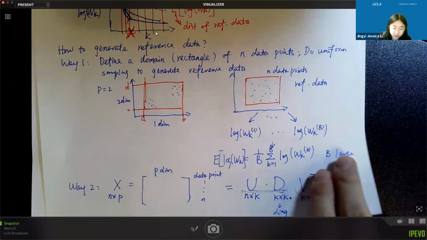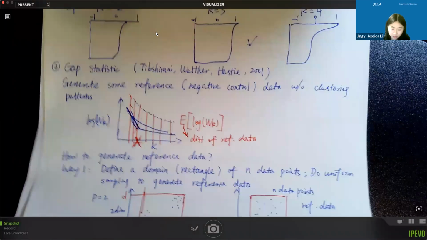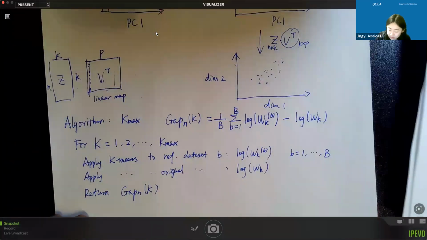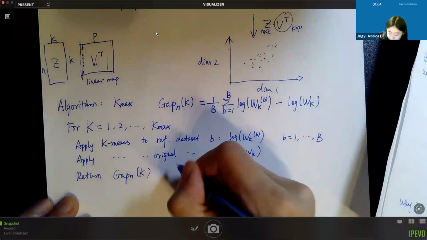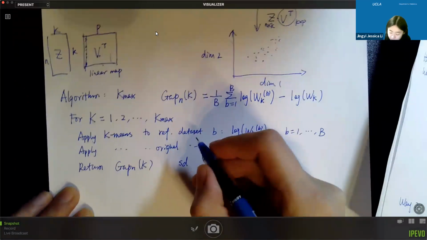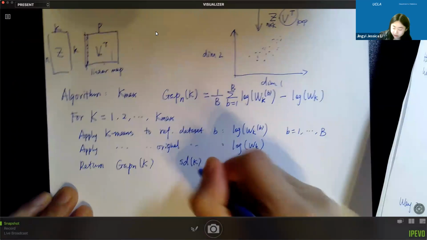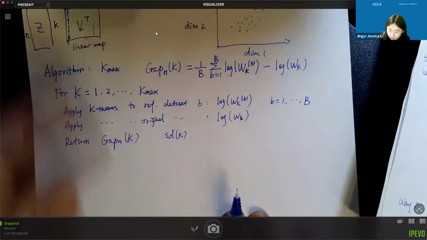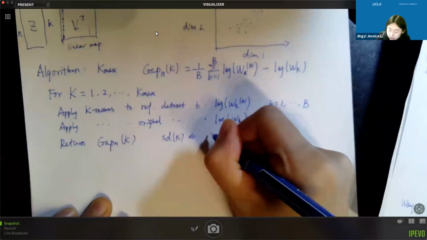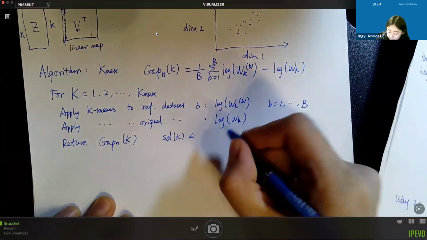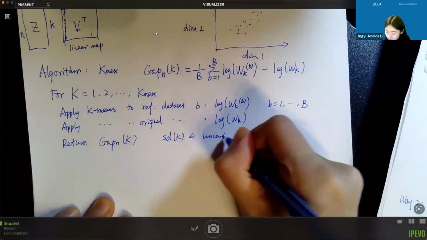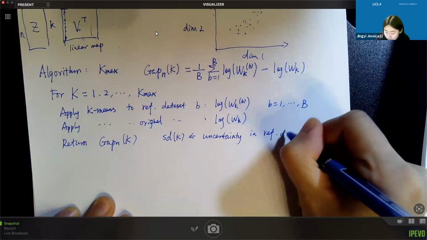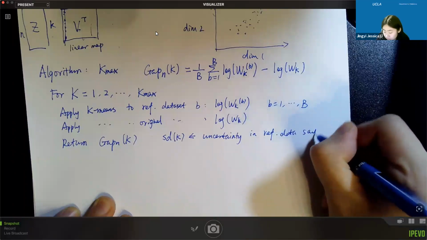So in that case, you need to consider the uncertainty. That's why there's also a standard deviation associated with each k. I'm just going to skip the details, but this standard deviation is about the uncertainty in repeated sampling, the uncertainty in reference data sampling.